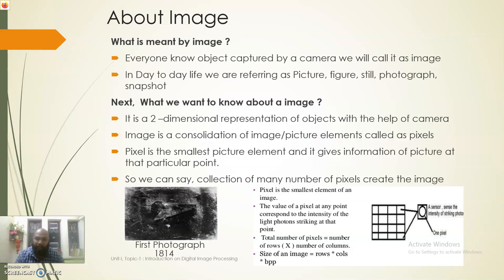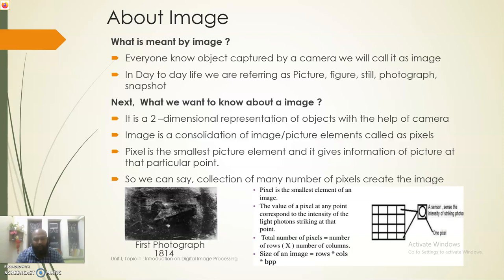So once again I will repeat what is image. Image is a two-dimensional representation of objects with the help of a camera. In another way, if you want to define, image is a consolidation of image or picture elements called pixels.